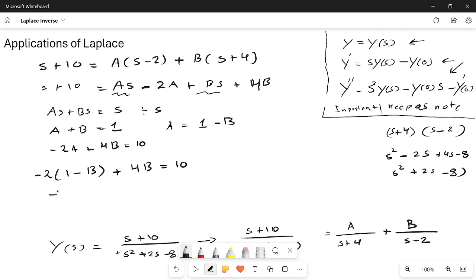So we have positive 2b plus 4b is equal to 10. 6b is equal to 12, and b is equal to 2, because 12 divided by 6 is 2.